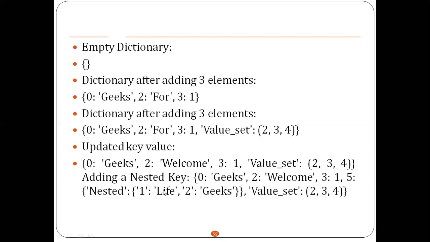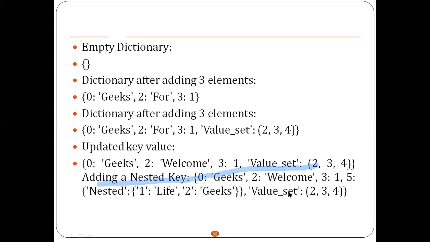Your output looks something like 5 colon nested, which in turn contains another dictionary. 5 is a key which contains a dictionary by itself, and that dictionary contains one key, nested, which in turn contains a dictionary by itself: 1 colon life and 2 colon gigs.